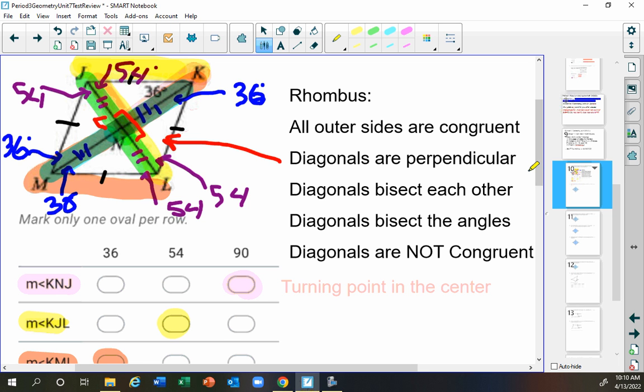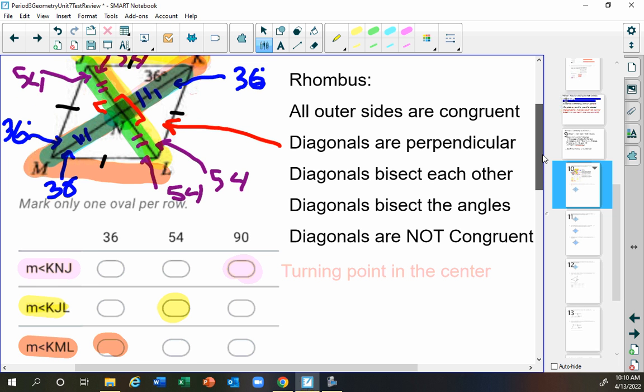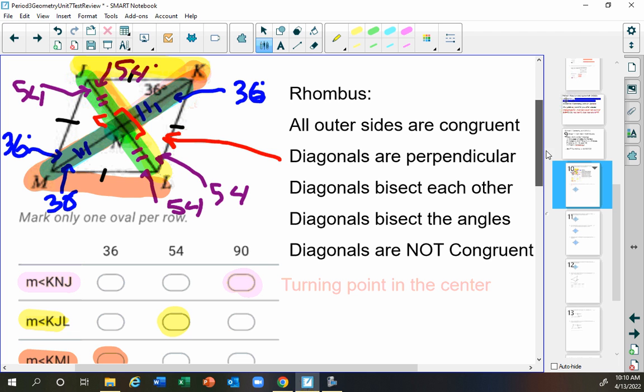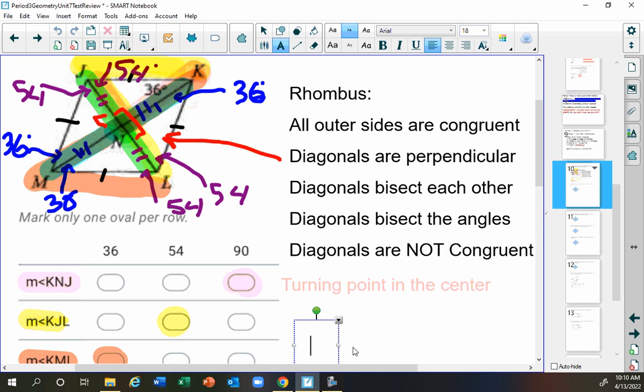But you got to beware. So if we did, for instance, what if we did angle JKL? How many degrees would angle JKL be?